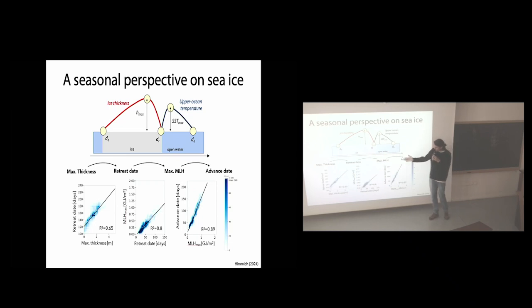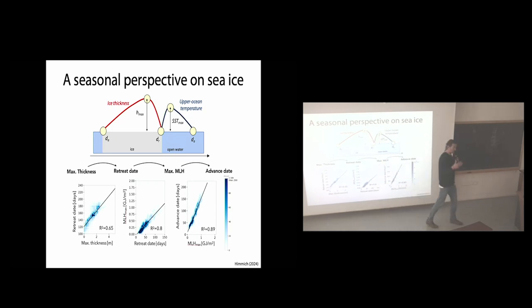So this framework shows that if you look at the seasonality problem, there are links that go throughout the season. This one, for example, is the retreat date that will decide the mixed layer maximum heat content. So this is this link. And we also see that the retreat date seems to be reasonably well correlated with the maximum thickness.